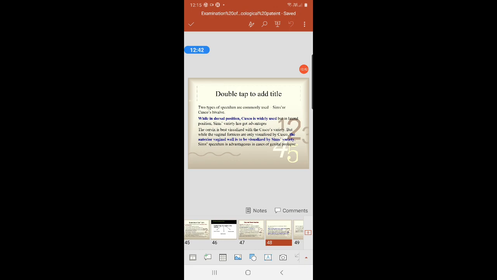The cervix is best visualized with the Cusco's variety, and the vaginal fornices are visualized by Cusco's, while the anterior vaginal wall is visualized by the Sims variety. Sims speculum is advantageous in cases of genital prolapse. So there are mainly two types of speculum, and we have to decide in which condition which speculum is better.